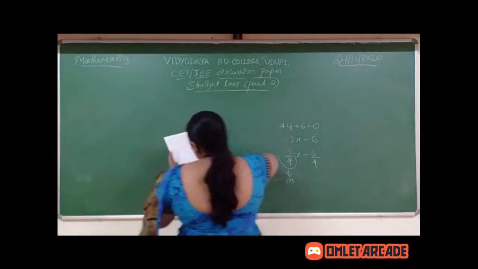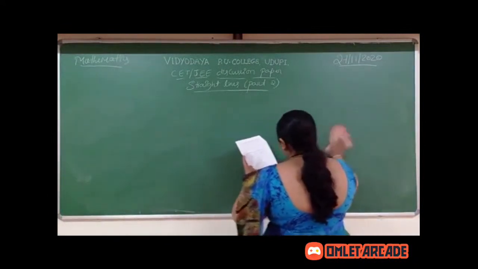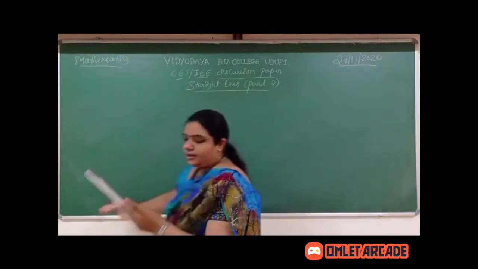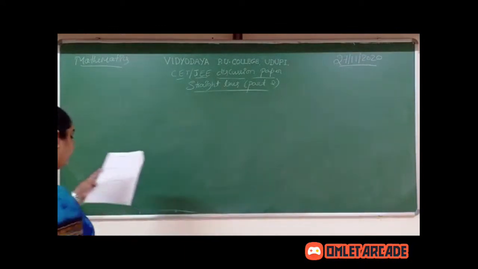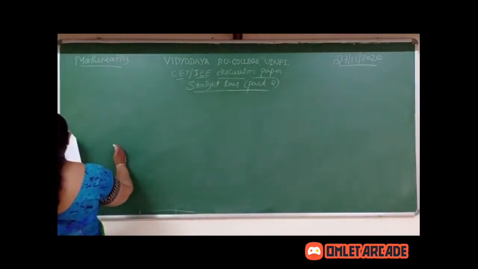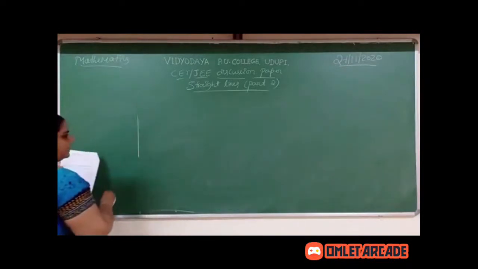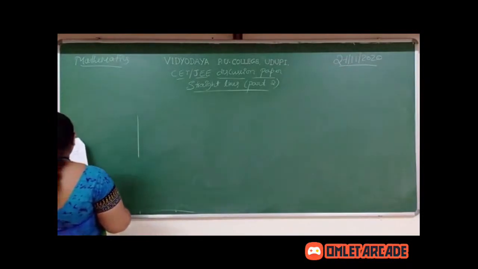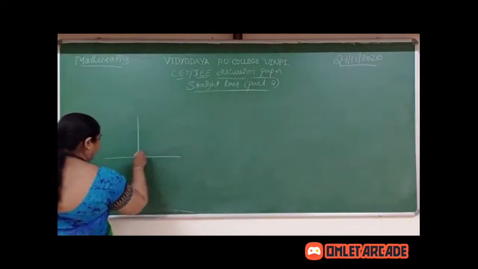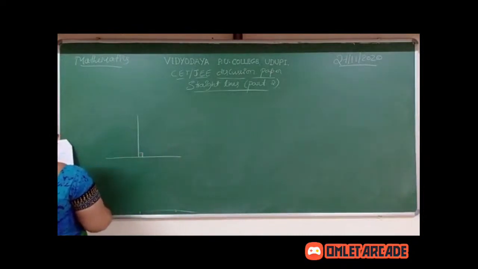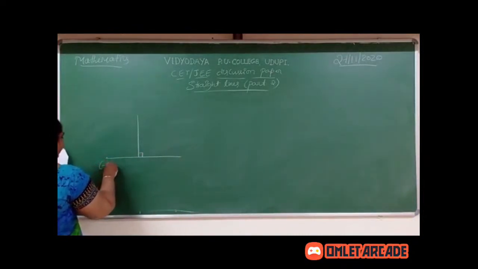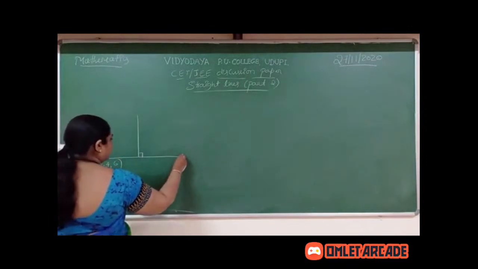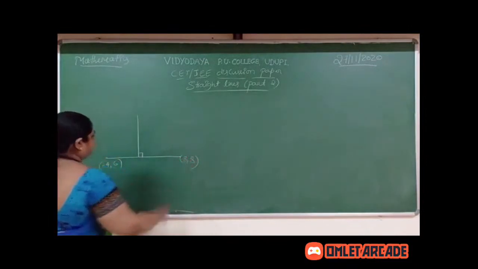The equation of the line bisecting perpendicularly the line segment joining minus 4, 6 and 8, 8. See, we need to find the equation of a line bisecting perpendicularly the line segment joining minus 4, 6 and 8, 8.